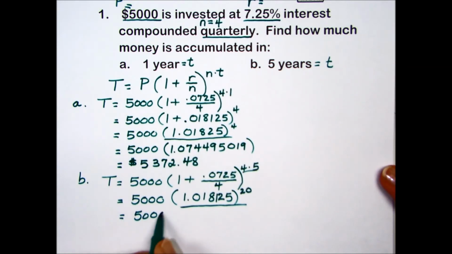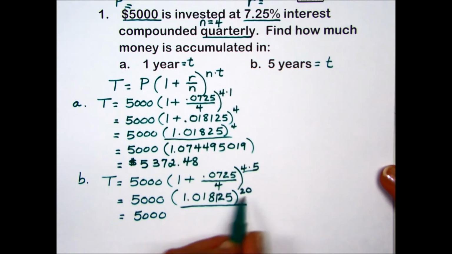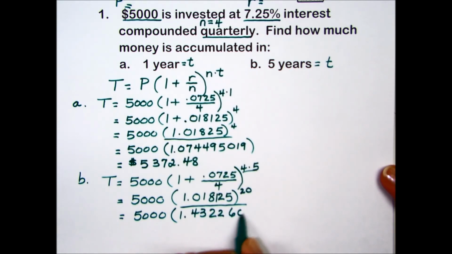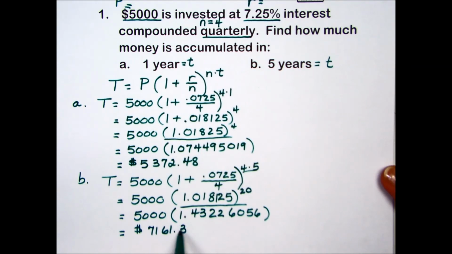So using your power key on your calculator, we're going to take this quantity raised to the 20th power, which results in 1.43226056. I would leave that in my calculator, the entire value, multiplying it by 5,000, the last operation, and rounding that to the nearest cent leaves us with $7,161.30. That would be the balance after 5 years, given these terms.